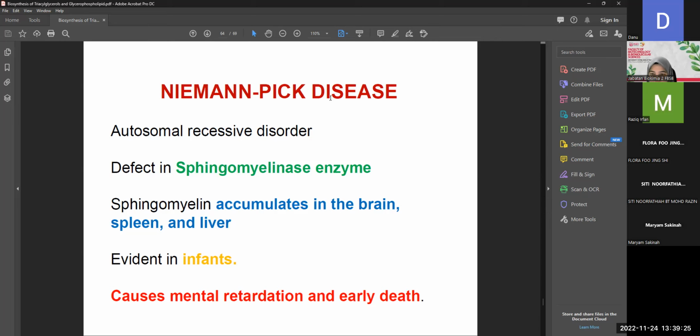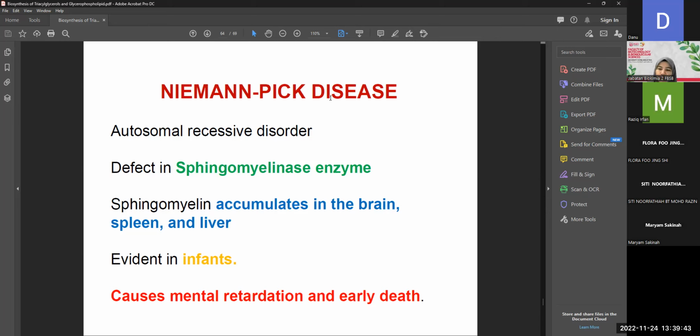In Niemann-Pick disease, there is a defect in the sphingomyelinase enzyme, which is involved in the degradation of sphingomyelin.